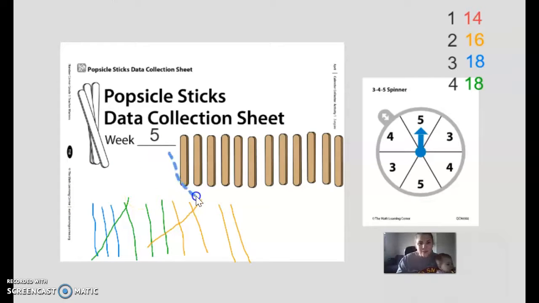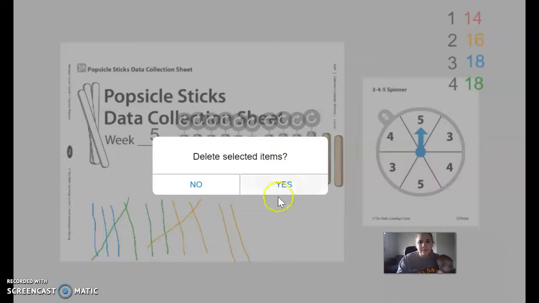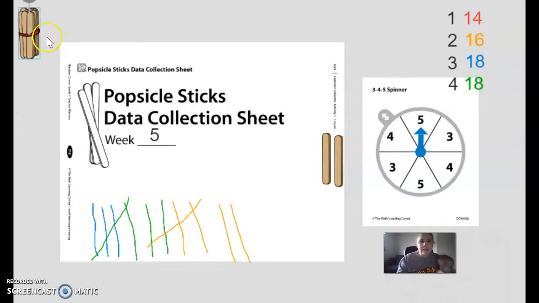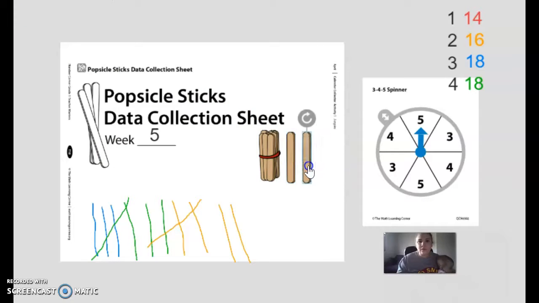So count with me. 1, 2, 3, 4, 5, 6, 7, 8, 9, 10. Yes. And we get a beautiful bundle of 10. How many do we have now? Let's check if you're right. 10 plus 2 more. Let's count it. 10, 11, 12. So far we have 12.